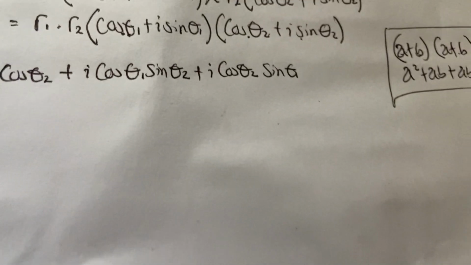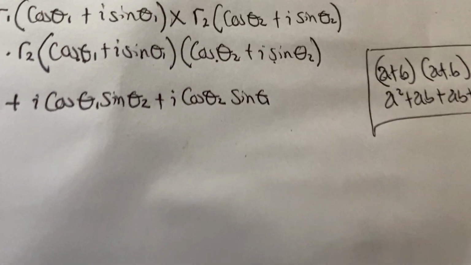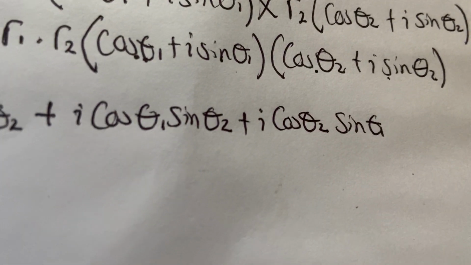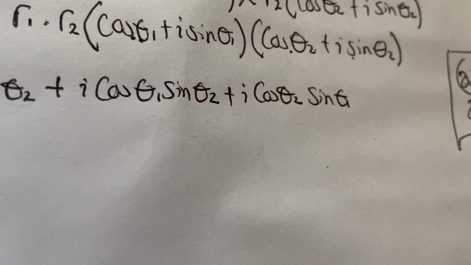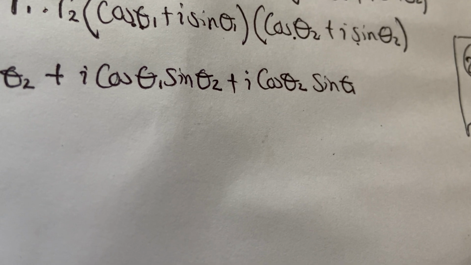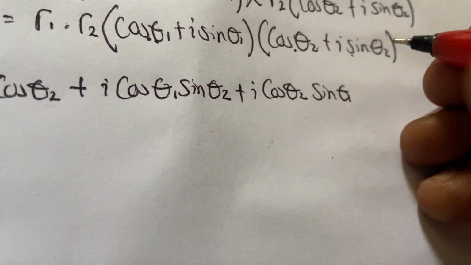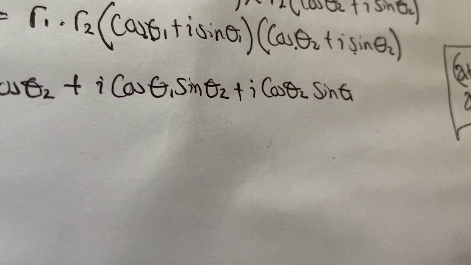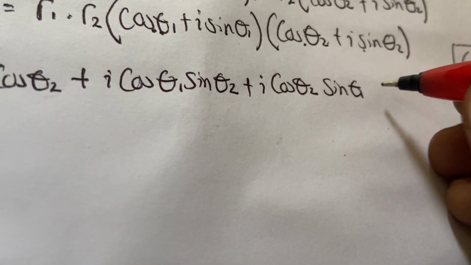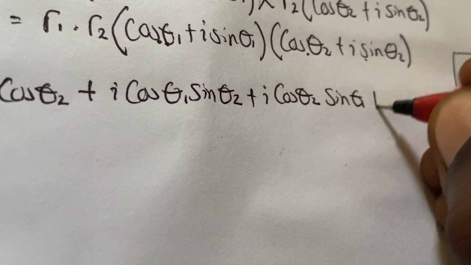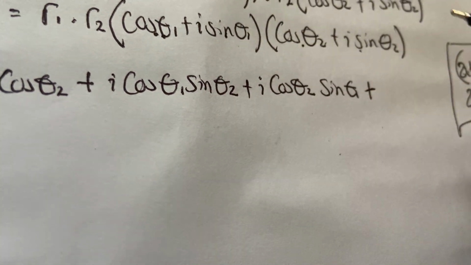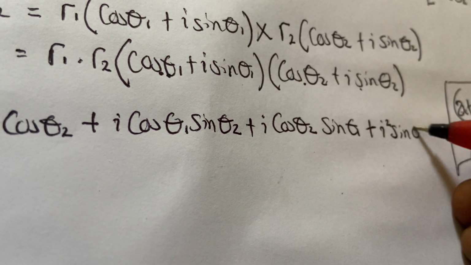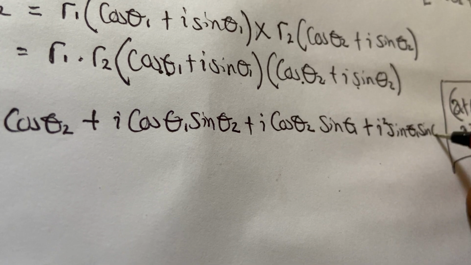Remember that multiplication is commutative. That's a times b, the same thing as b times a. Some of you might be asking, why am I writing cos first? You can actually decide which one to write first. So I times I, I square sin theta 1 sin theta 2.